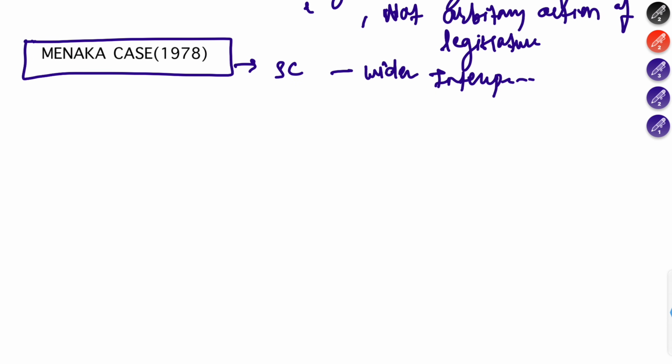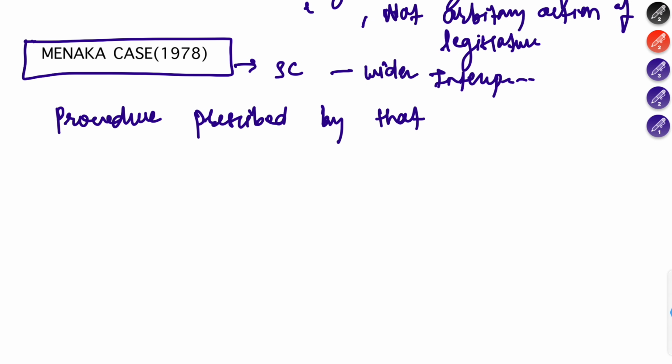It ruled that the right to life and personal liberty of a person can be deprived by law, provided that the procedure prescribed by that law is reasonable, fair, and just.